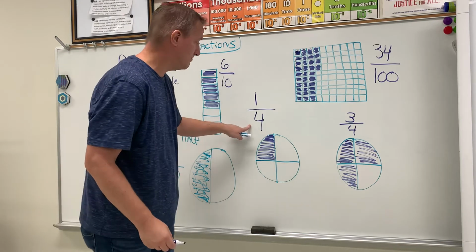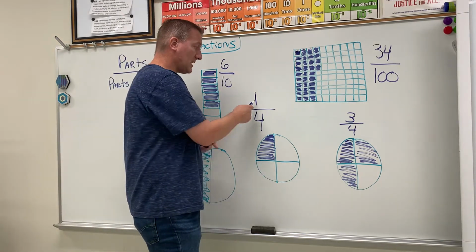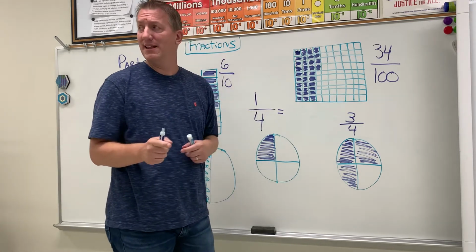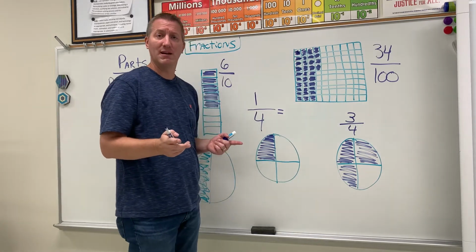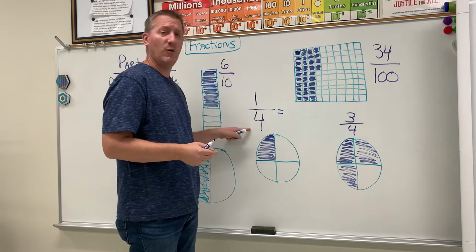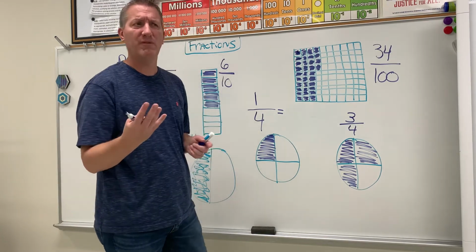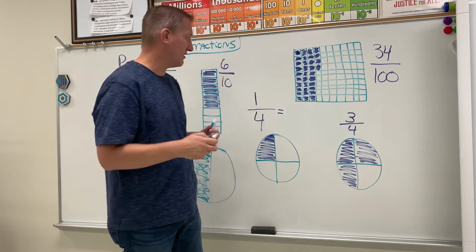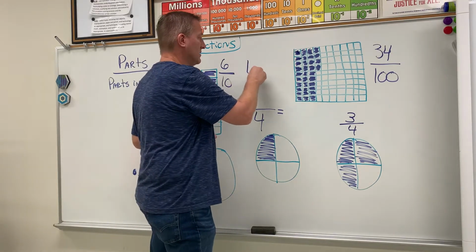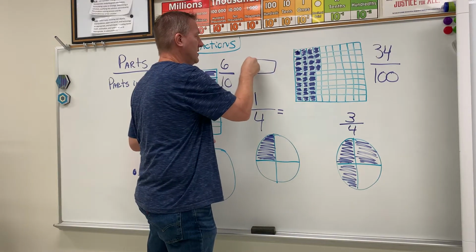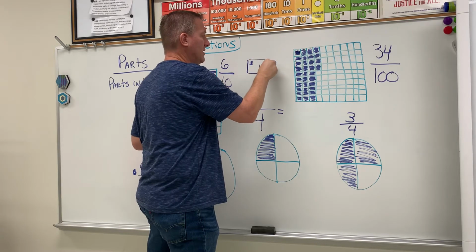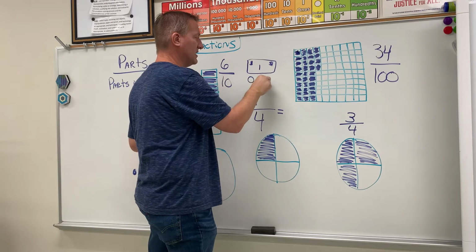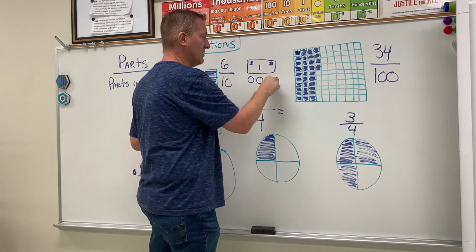So here we have 1/4. And again, think of it as money. 1/4 in money. Well, 1/4 of $1, if I have one whole dollar, so here's my dollar. Well, I have these little things called quarters, right?